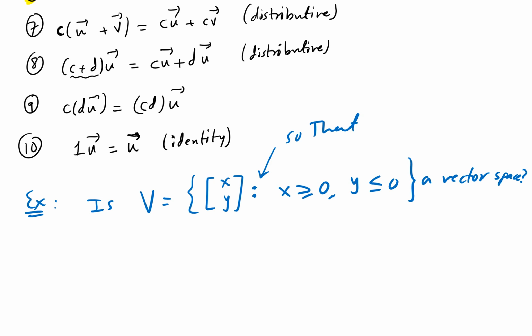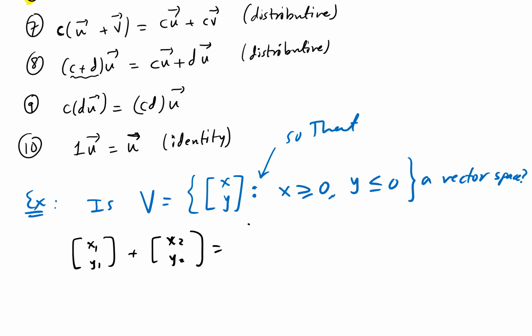So how do you know whether this is a vector space? Pick any one of these axioms. Usually, when you get used to it, you'll look at them briefly and see, oh, maybe this one is going to fail, so let me test it right away. To test closure, you take two vectors, x1, y1 and x2, y2, and add them together.